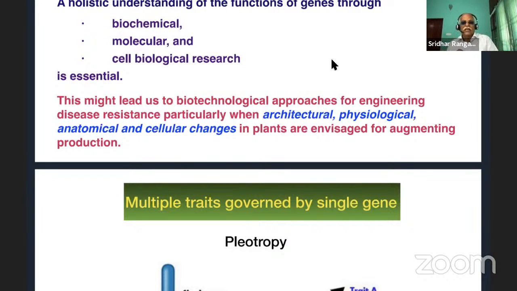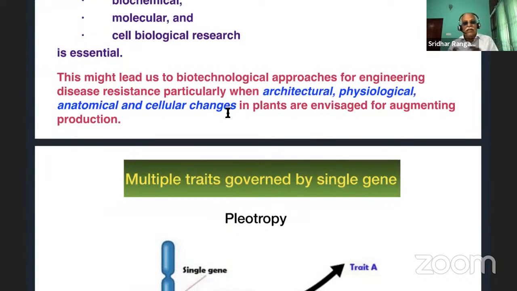Then the response is through cellular changes, which activate the defense pathway through hormonal signals downstream. So these genes are responsible for resistance, we know, but unless we know their functions, it may be difficult to decide where to lay our hands to modify them for genetic engineering.